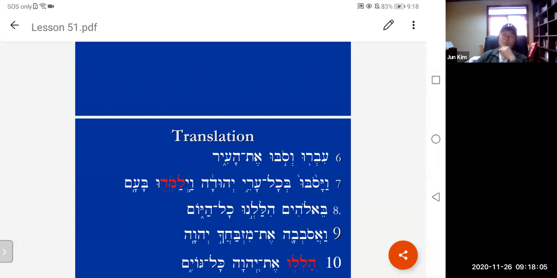So after removing the weak sound, for example, first yod verb, then the yod tends to disappear, and you will have only two remaining root letters. So you just delete the first yod and then try to look at the other remaining two consonants and try to be familiar with them.